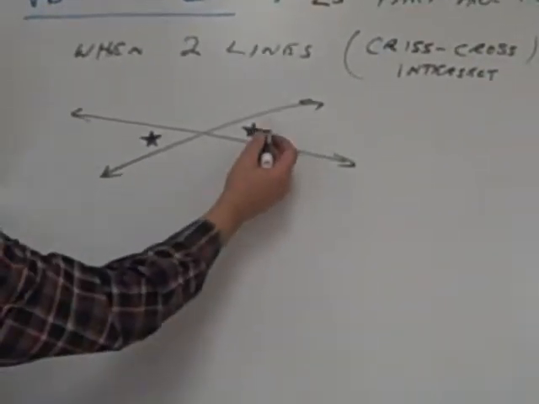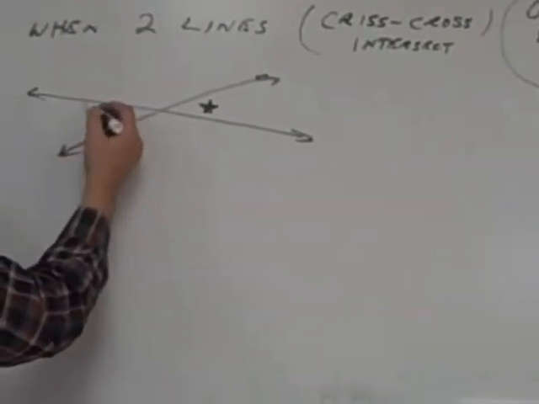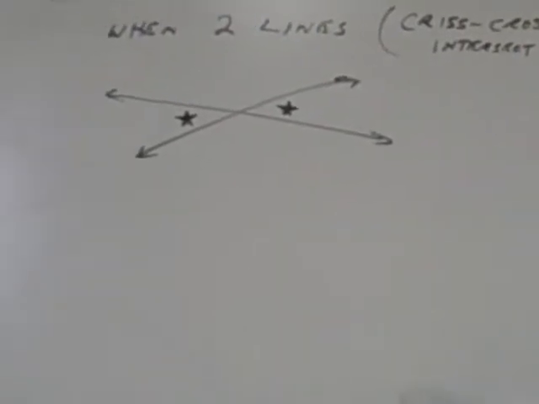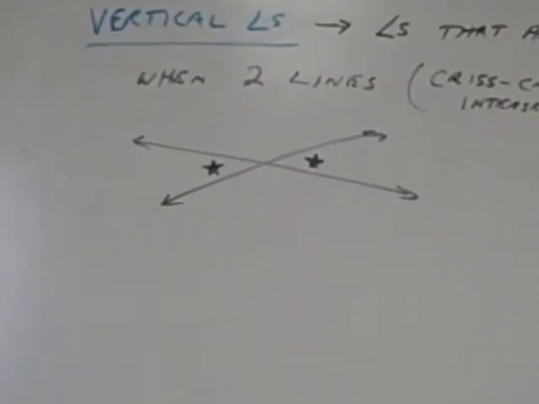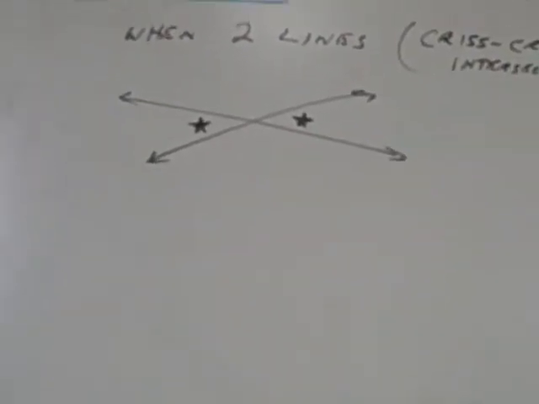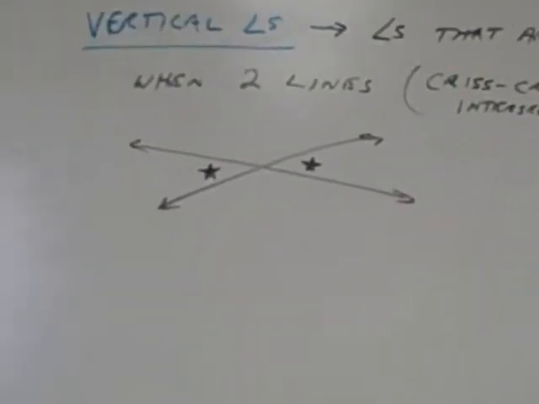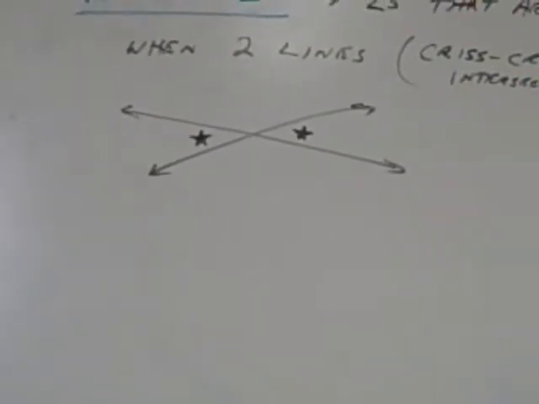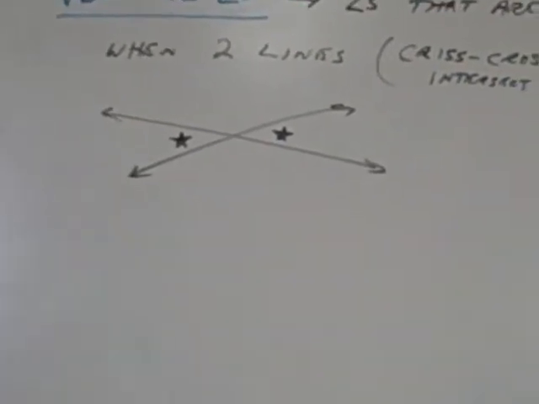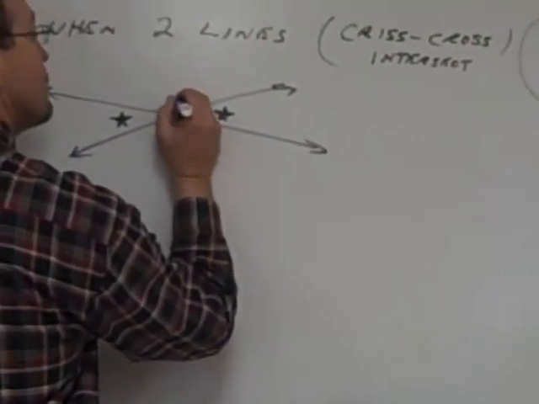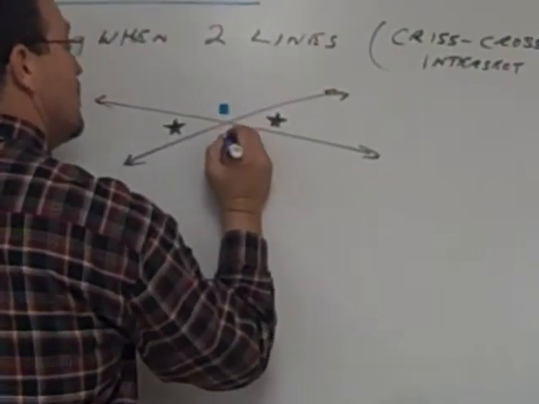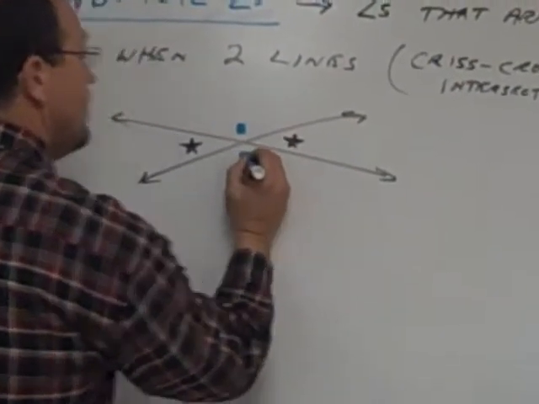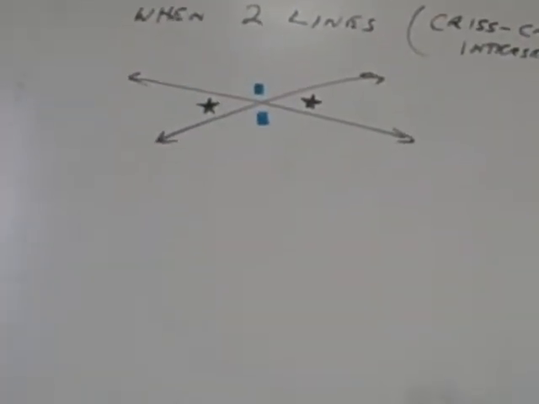This star angle right there and this star angle right there are vertical angles. That's just a definition of angles, okay? There's nothing real cute about it that it equals so many degrees. It's just they're opposite each other. Do you see another pair of vertical angles on this picture? Top and bottom. Okay, there you go. Those two are vertical.